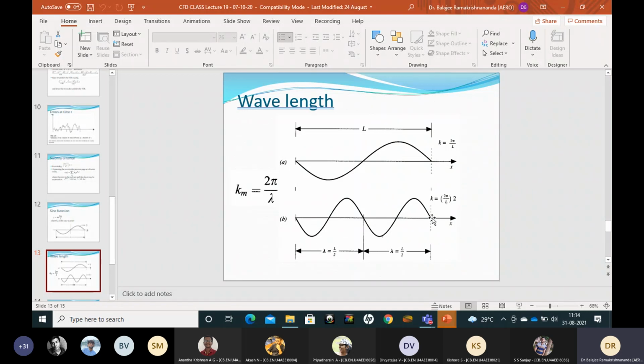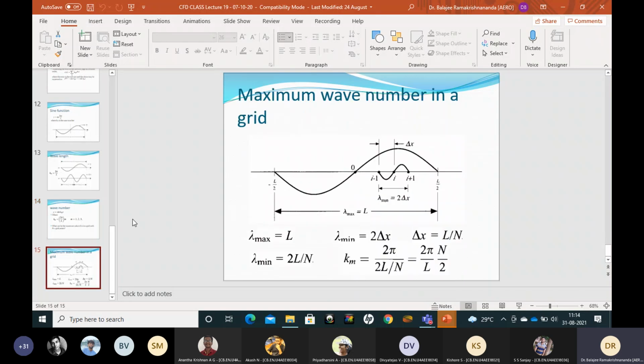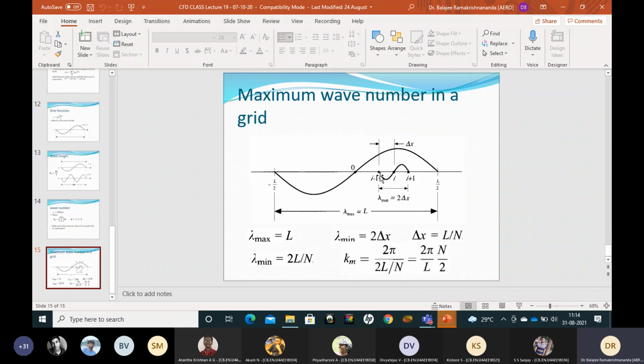There are two waves here, so m is 2, fitted into the same domain, and so on and so forth. So you can see how many wavelengths can be fitted in your grid. Suppose the grid has n plus 1 grid points. The smallest wave will be between i minus 1 and i plus 1. That is the shortest, that is the highest frequency you can accommodate in a grid.